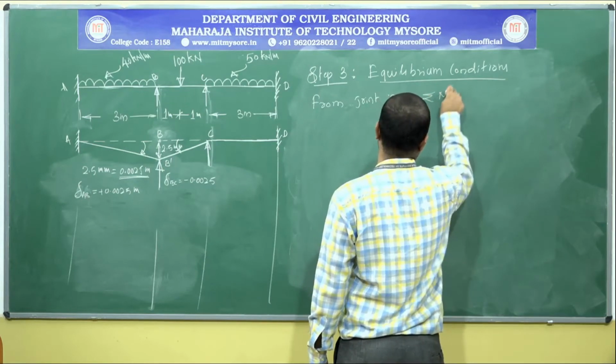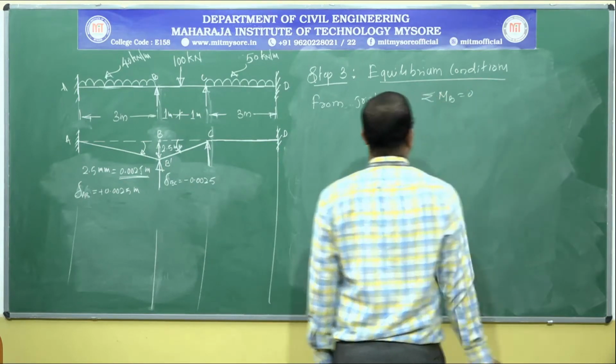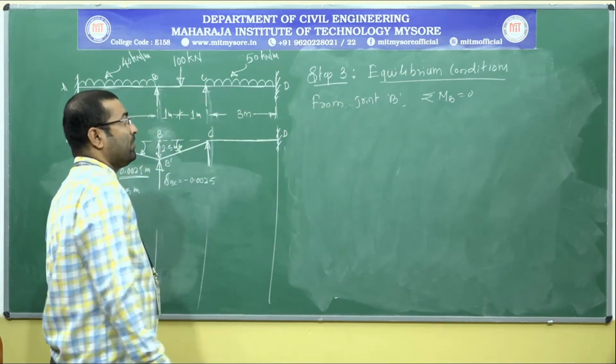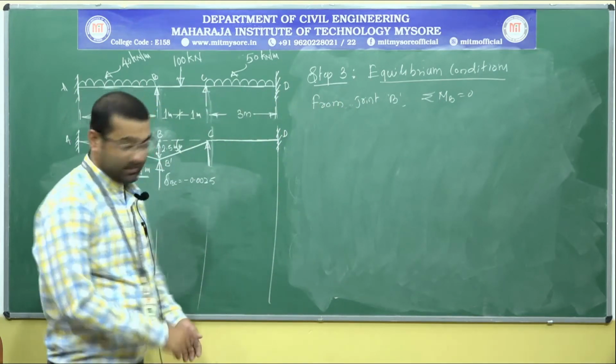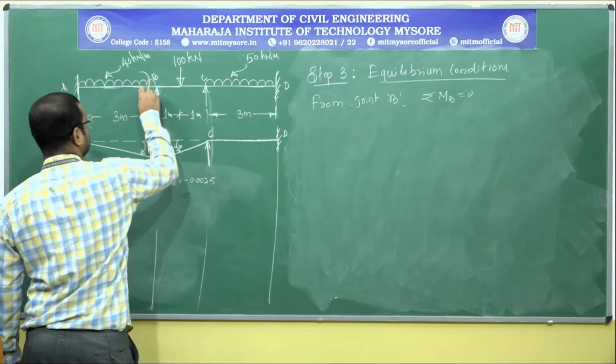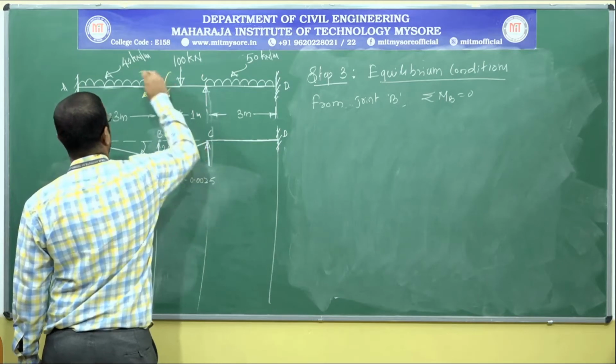Here, first from joint B, I am going to write one equilibrium condition, that is the algebraic sum of moments at B must be equal to 0.